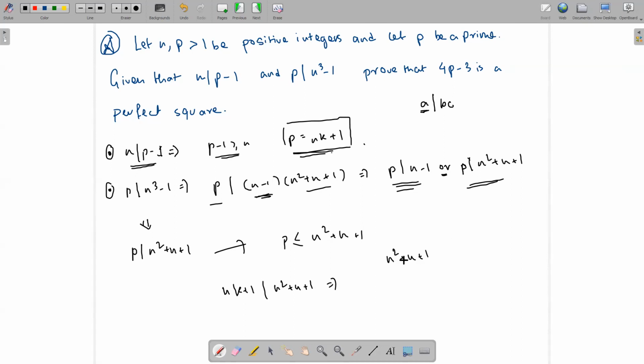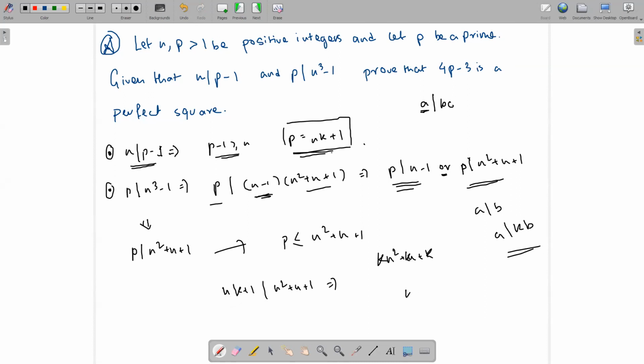If A divides B, then A divides KB, right? So from here, what can we say? Multiply with K.